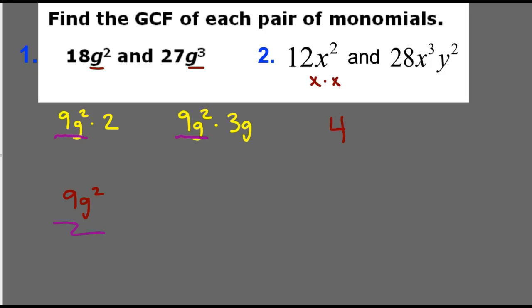This one is x times x. This one over here is x times x times x times y times y. So how many x's do they have in common? 2. Do they have any y's in common? No, because 12x squared doesn't have any. So the greatest common factor for number 2 is 4x squared.